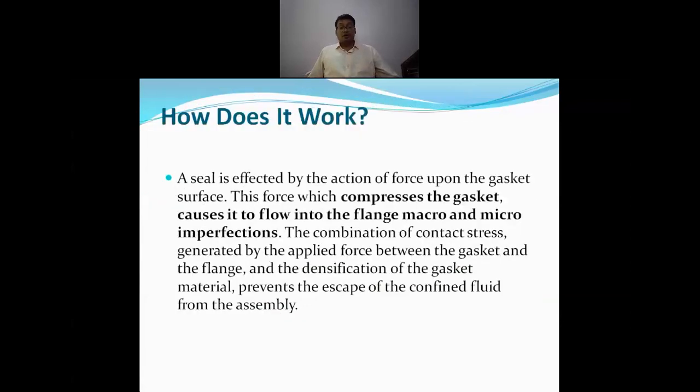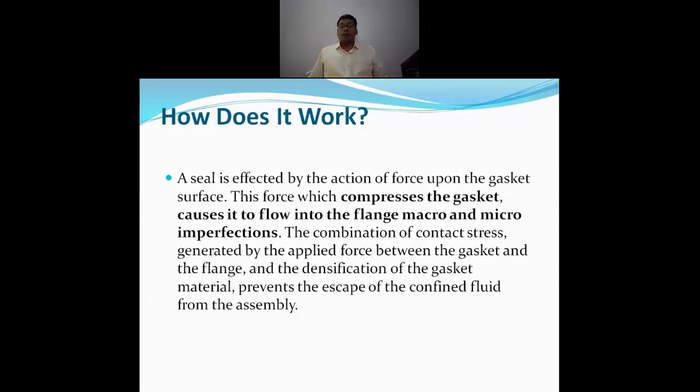Then how does it work? A seal is effected by the action of force upon the gasket surface. This force, which compresses the gasket, causes it to flow. That means this compressed gasket flows into the flange's micro as well as macro imperfections, micro and macro gaps available in between these two flanges.